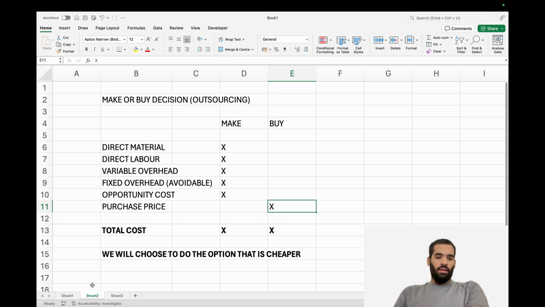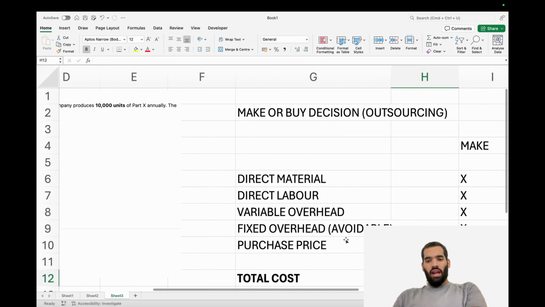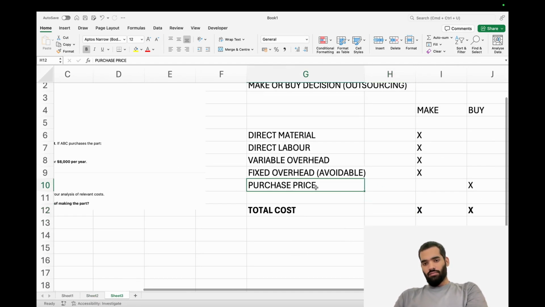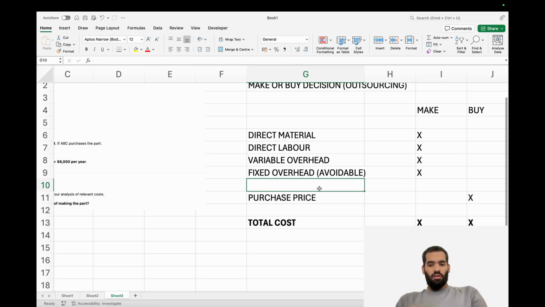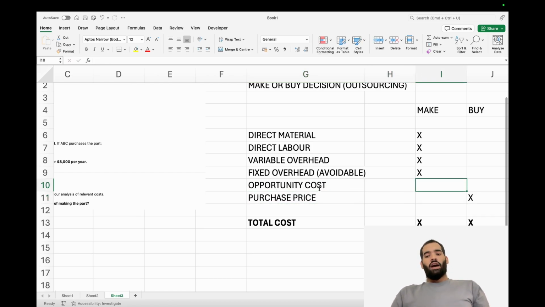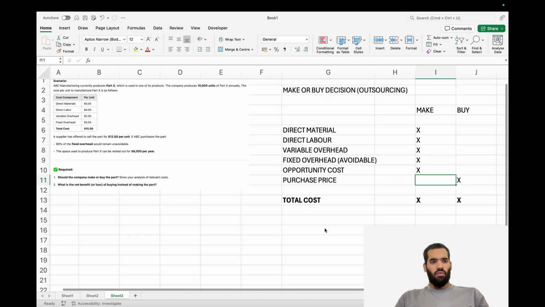So we will add opportunity cost in the make column here as well. Obviously, I could have made the question a bit easier, but why don't we just solve the maximum question you encounter, with the opportunity cost and everything. So let me show you how this format really works.